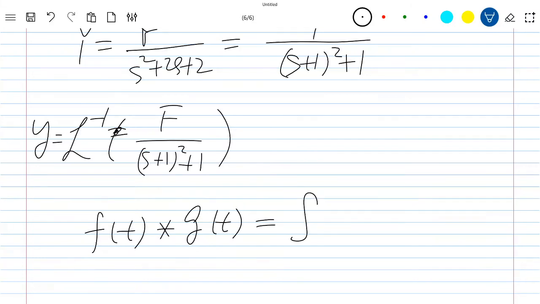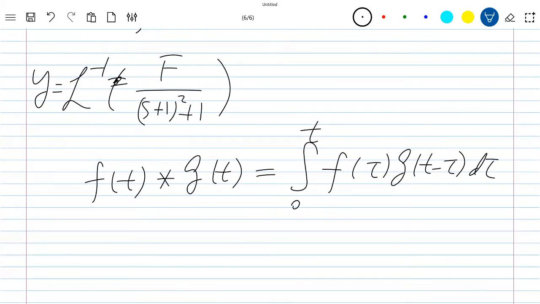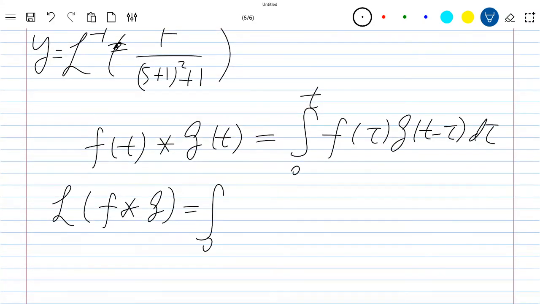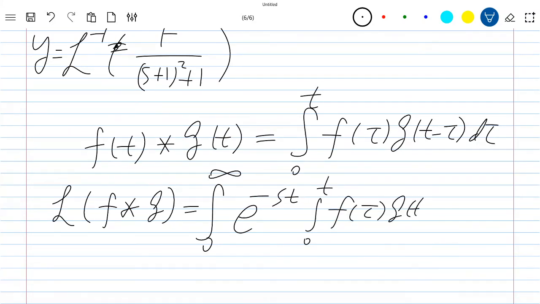That's defined as the integral from 0 to t of f of tau times g of t minus tau d tau. Then the Laplace transform of that equals the integral from 0 to infinity of e to the negative st times this integral from 0 to t of f of tau g of t minus tau d tau, then you integrate over t, right?